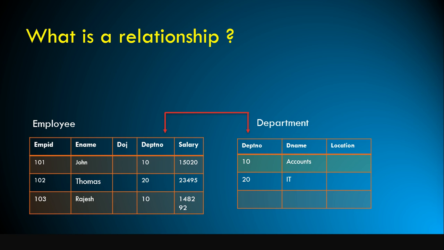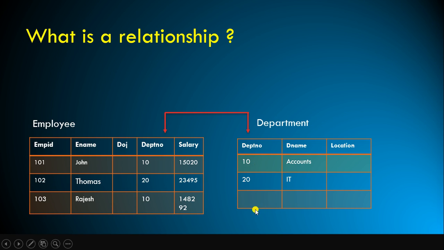In order to have the relationship between two tables, you need to have a common column between these two tables. Only then you can create the relationship between these two tables. In this case, the department number in this employee table and the department number in the department table are common between these two tables. Hence, we created a link between these two tables using this column. This is nothing but relationship.